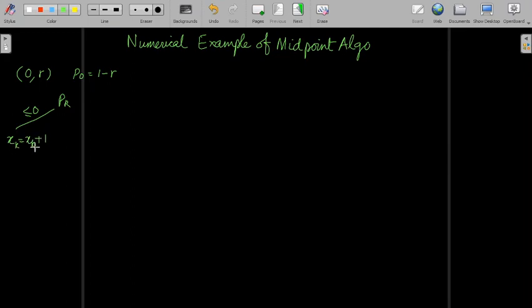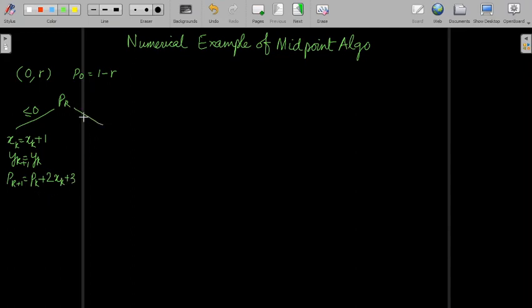Xk plus 1 is equal to xk plus 1 and yk is unchanged, so yk plus 1 is equal to yk. And the decision parameter becomes equal to the old value of the decision parameter plus 2xk plus 3.